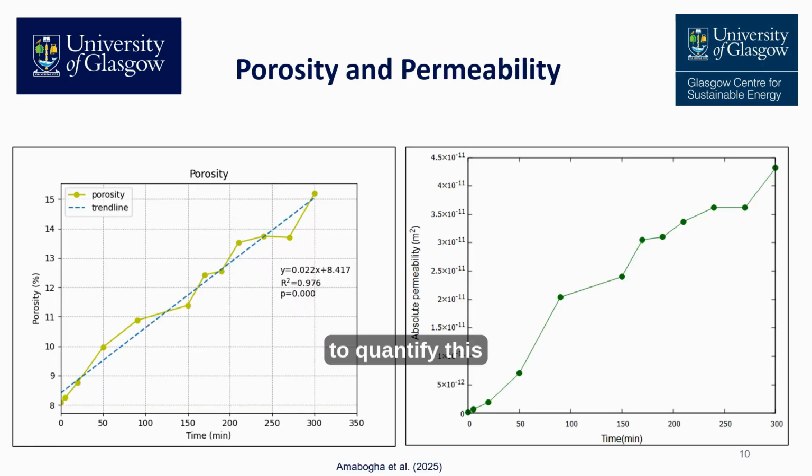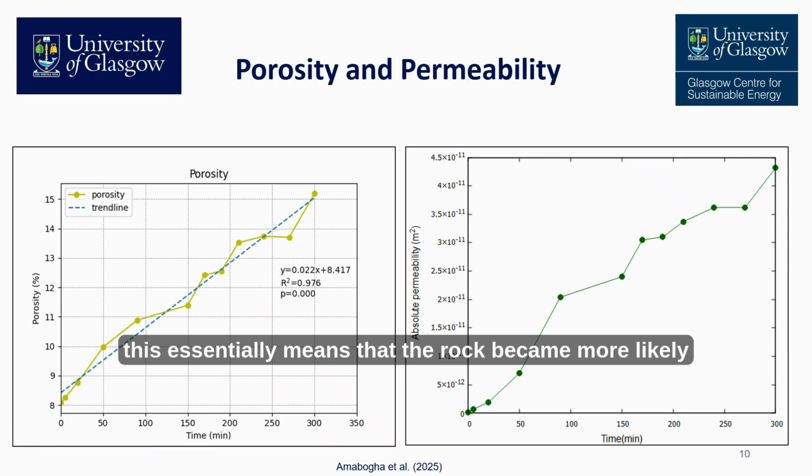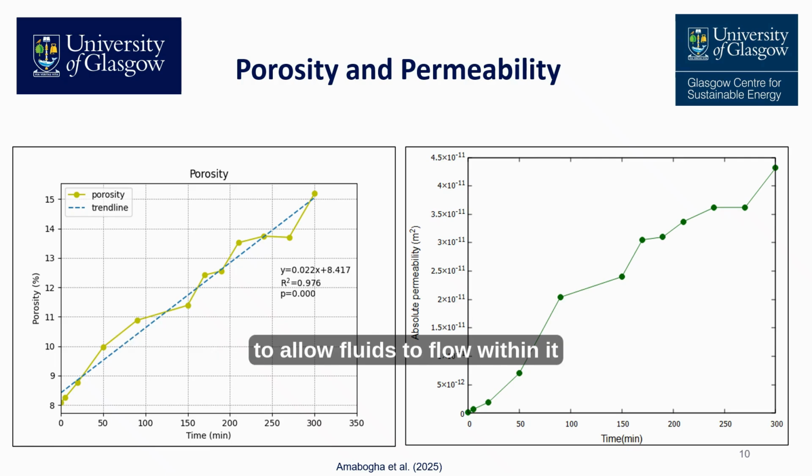To quantify this, we can see from these graphs that porosity tells us how much empty space the rock has, while permeability tells us how easily fluids can flow through it. As the reaction progressed, porosity increased, and so did the permeability. This means the rock became more likely to allow fluids to flow within it.